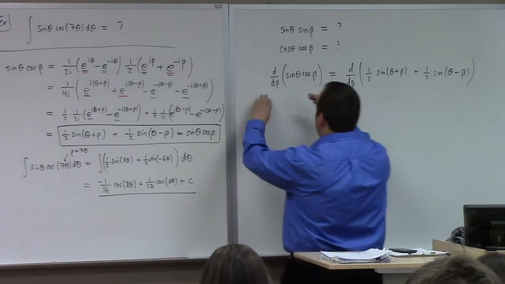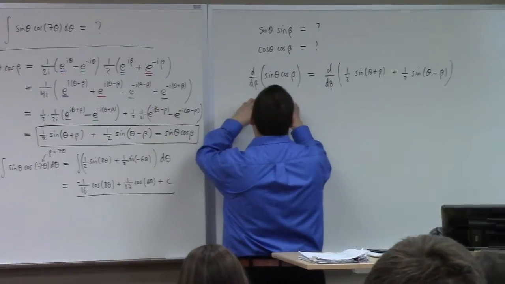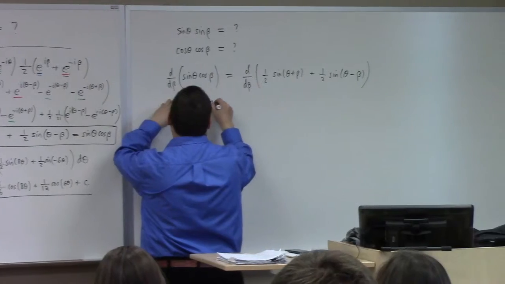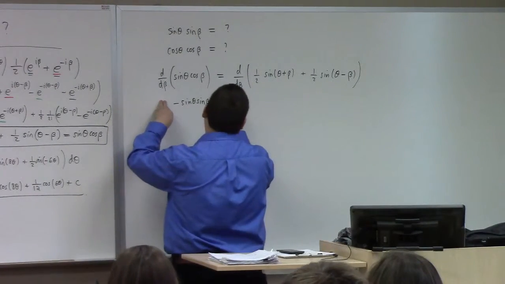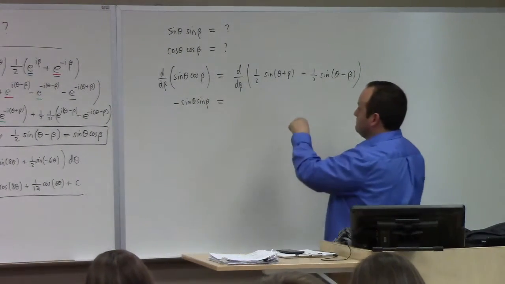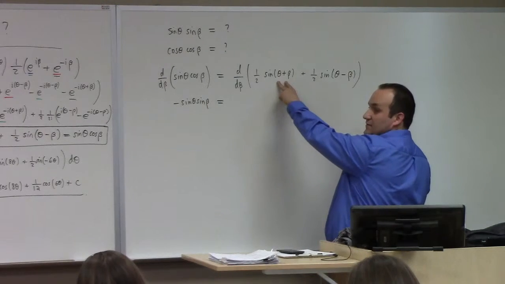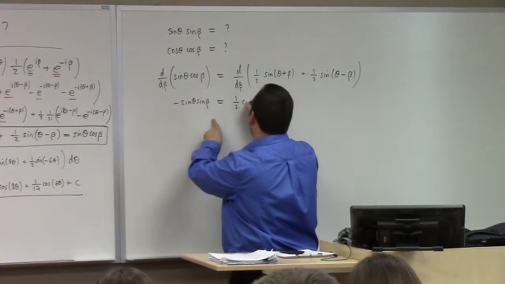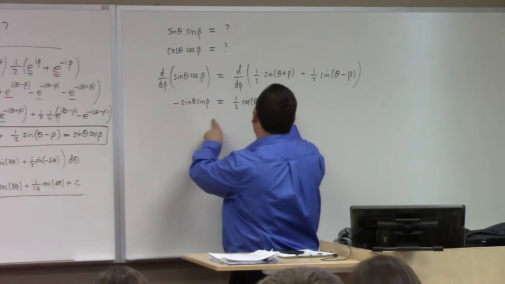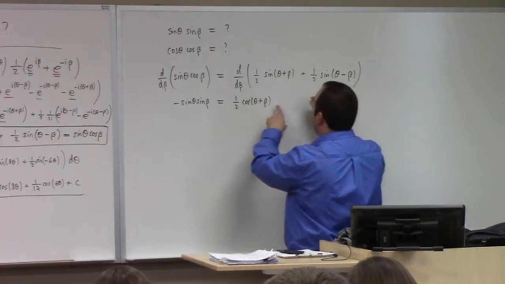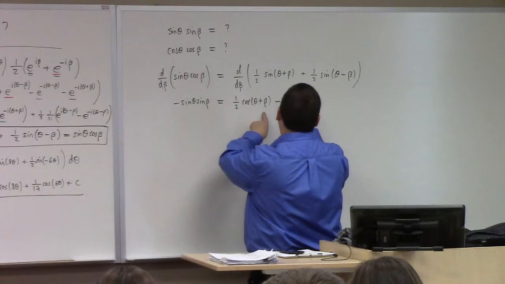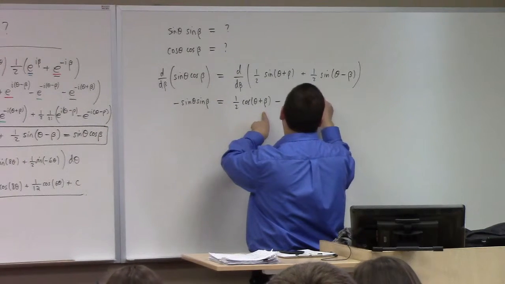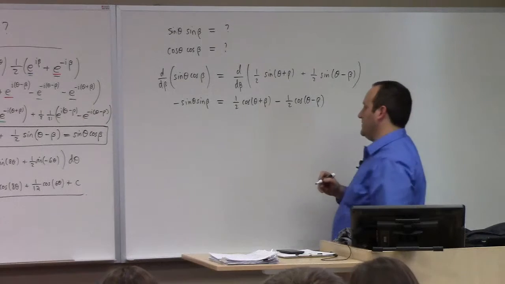What do you get? On the left-hand side, we get minus sin θ sin β. On the right-hand side, what do we get? Differentiate with respect to β, we just get, by the chain rule, 1/2 cos(θ+β), right? And then over here, by the chain rule, I get a minus 1/2 cos(θ−β), right?